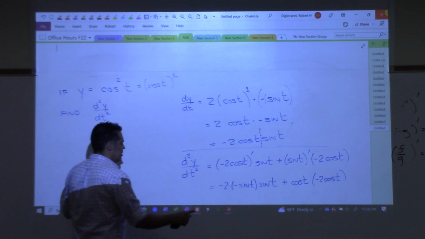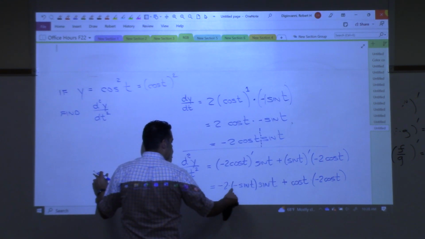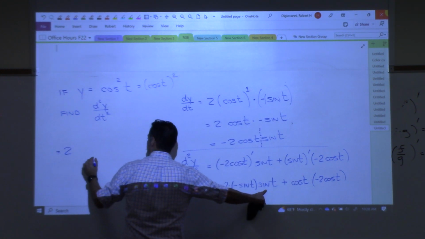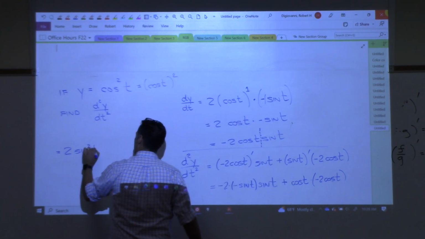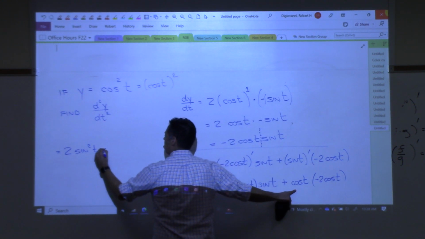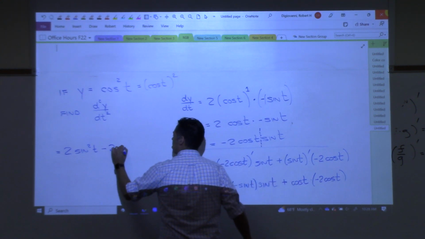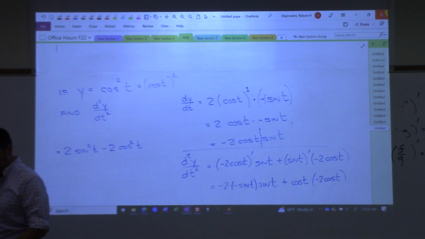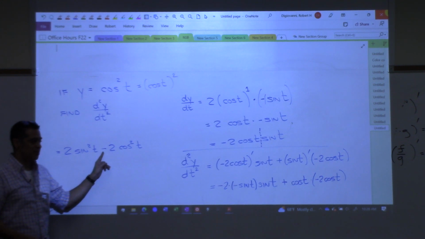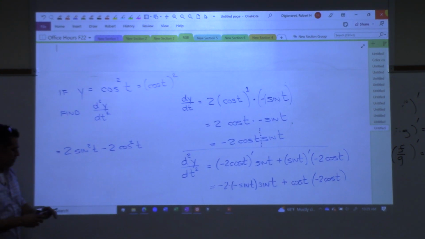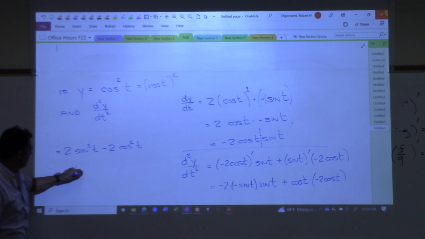Now I'm going to do something just to clean it up a little bit. 2 negatives here become positive, so I have positive 2. And then sine t times sine t is sine squared t. And then over here, I have -2 I'll bring out front. And then cosine times cosine is cosine squared t. If this were a plus, I'd be able to pull a 2 out and use a Pythagorean identity, but it's a minus.